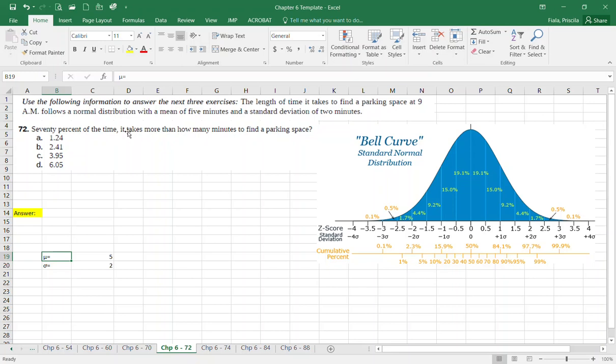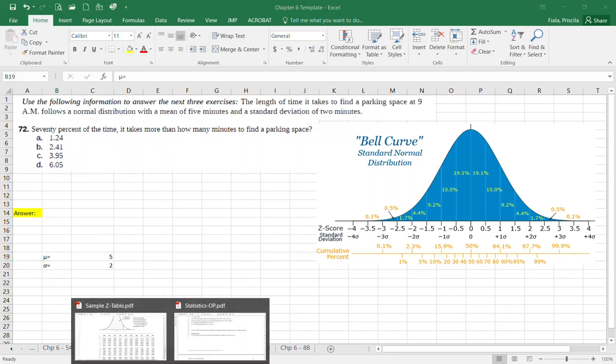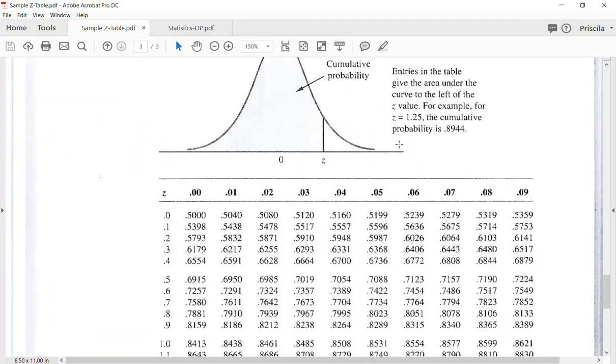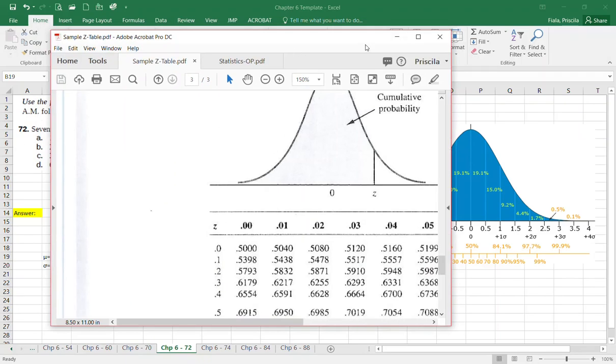I was given the mean, the standard deviation, and a percentage. If you go to your z table, these are your z-scores and these are your percentages. So you're going to do it the other way around.